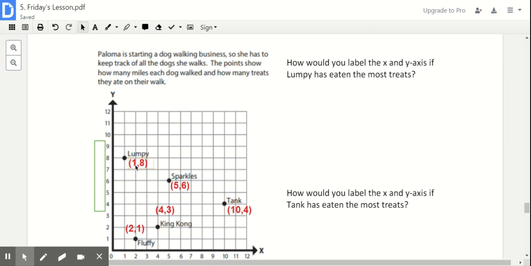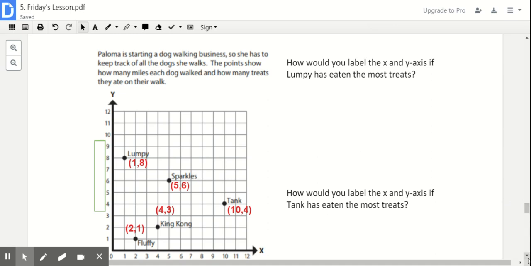No. So we can assume right here that if Lumpy has eaten the most treats, then our Y coordinate would be treats, while our X coordinate would be miles, because we figured out he has eaten the most treats, so that would be Y. And then also this will be labeled treats.